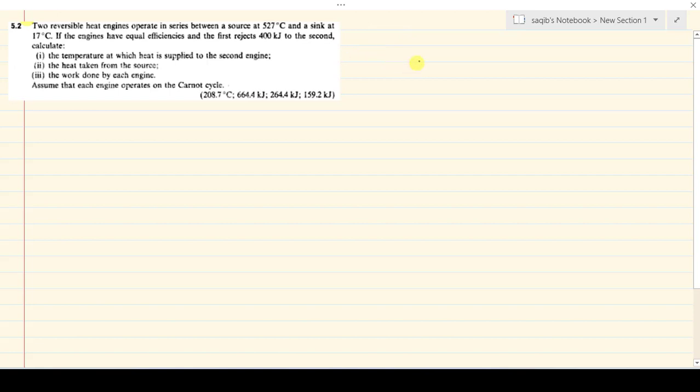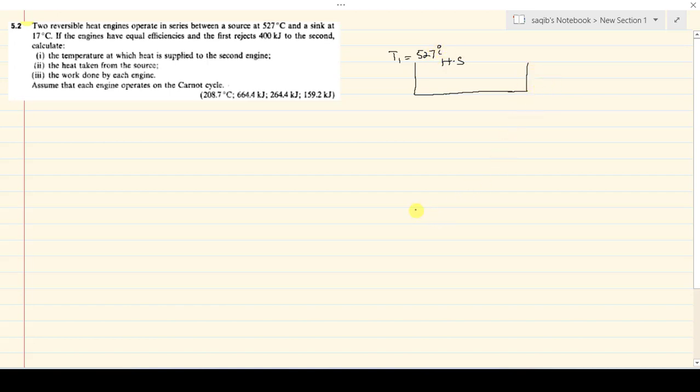Okay, so this is the high temperature reservoir. You can say that this is the heat source. We call it at a temperature T1, that is 527 centigrade.